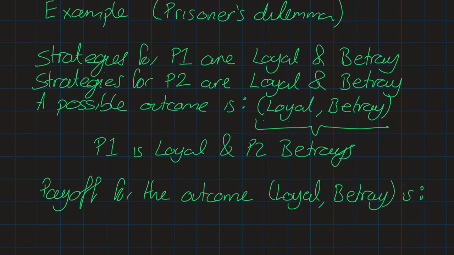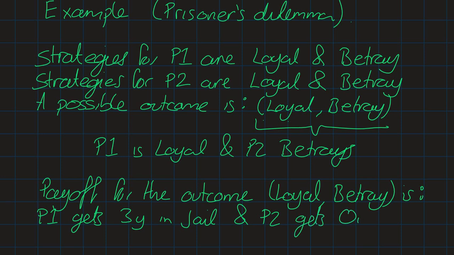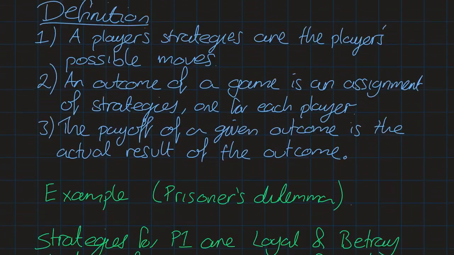So what actually happens is player 1 gets 3 years in jail and player 2 gets set free, or 0 years in jail. This is the actual payoff for the outcome, loyal, betray. Okay, so this is just an example using the definitions I gave here.